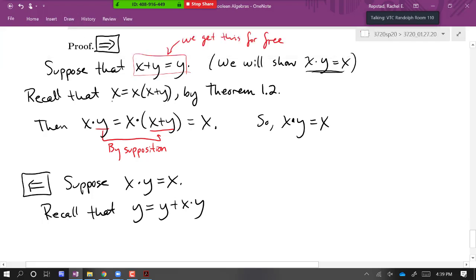Is that supposed to be x plus y? No, because we know that x plus y is equal to y. We wanted to show up here that x times y is equal to x. So I started with x times y. Okay, yep.